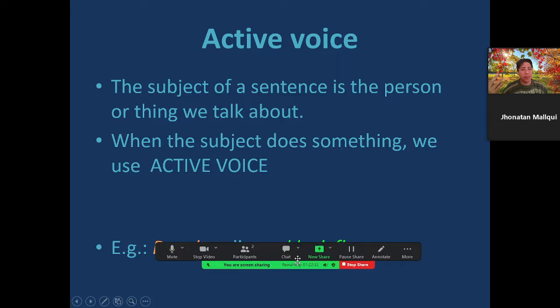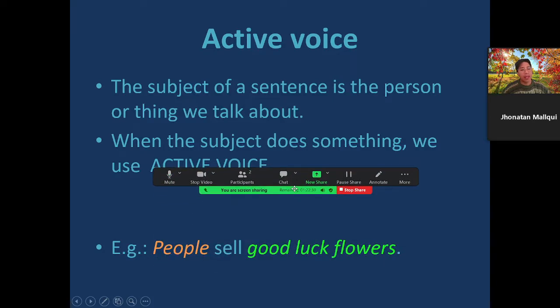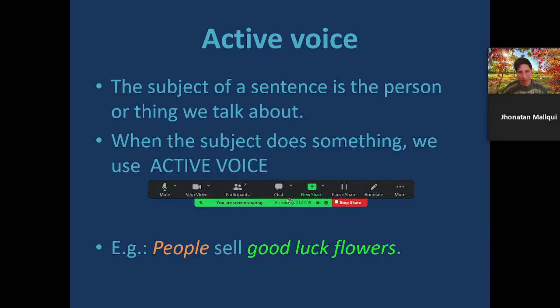For example, people sell good luck flowers. People is the person that we talk about. And in this sentence, people do something. What do they do? They sell good luck flowers. So this is the active voice.